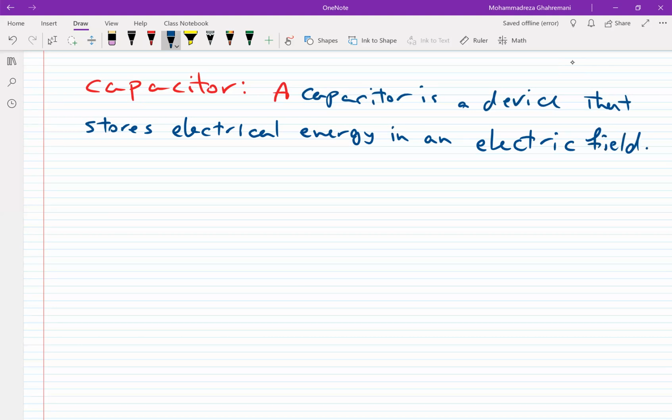Okay, I said that it's a passive element with two terminals.